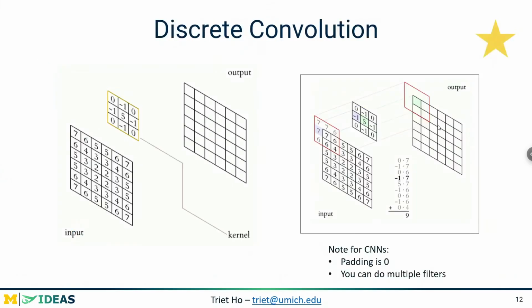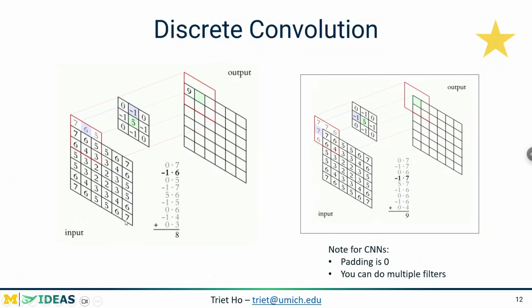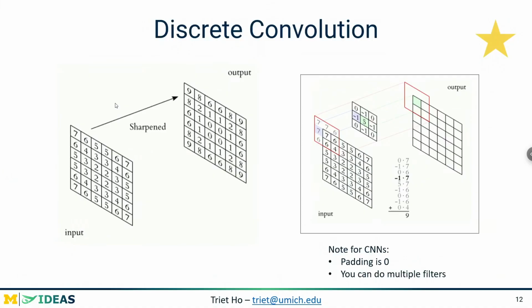Now if you look at discrete convolution, we're moving on from continuous to discrete. Instead of the original function, we have an original matrix. And instead of the future function, we have a future matrix, which is no longer continuous.